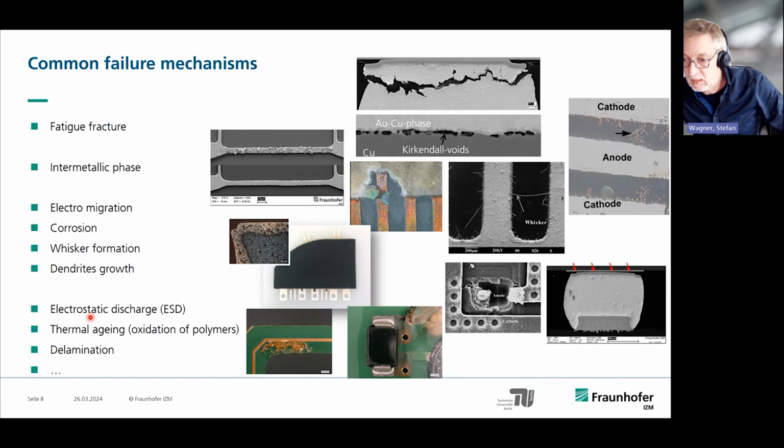You have electrostatic discharges, thermal aging, or oxidation of polymers and delaminations. And you have more and more failure mechanisms. All this you need to have in mind when you say, I want to increase the reliability of the power electronic application and the power electronic system.